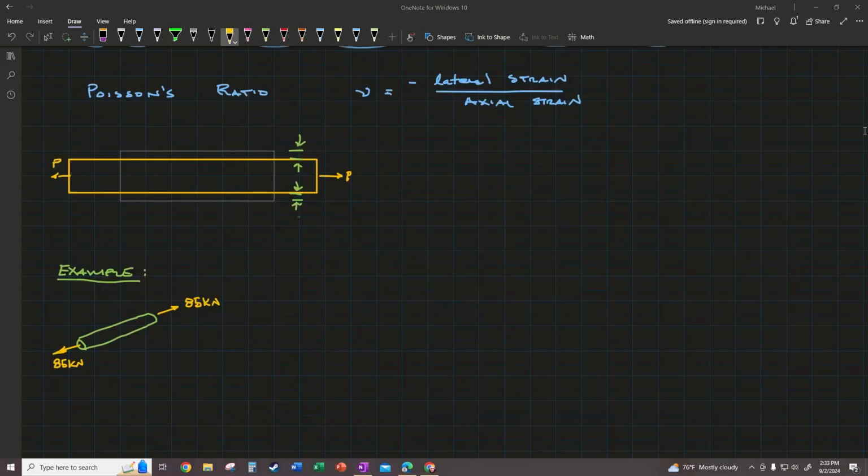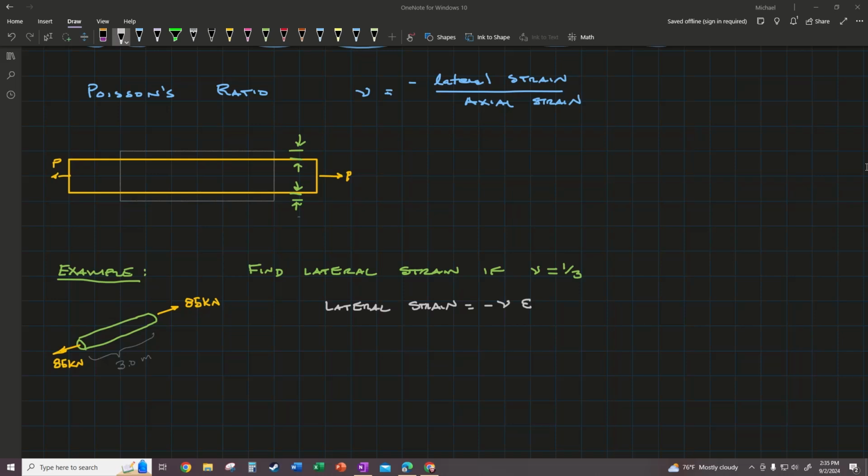So for example, let's say you have a prismatic bar here with a circular cross section of length 3 meters, and let's say you load it with 85 kilonewtons. Let's find the lateral strain if nu equals 1/3.